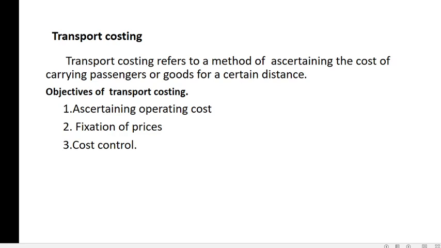This costing is useful to fix the rate of carriage of goods or passengers. The next objective is cost control. Transport costing helps to keep a control over the cost of petrol, lubricants, etc. So these are some of the objectives of transport costing.